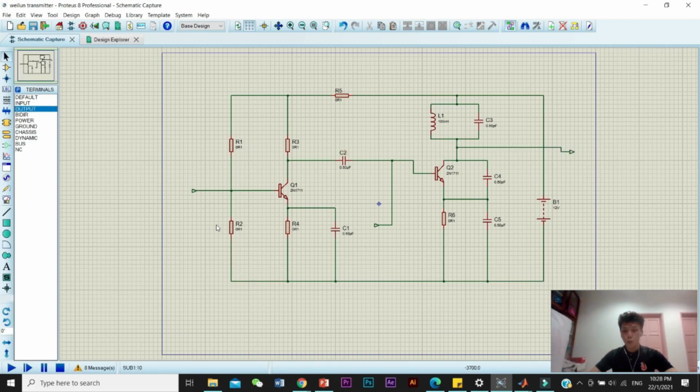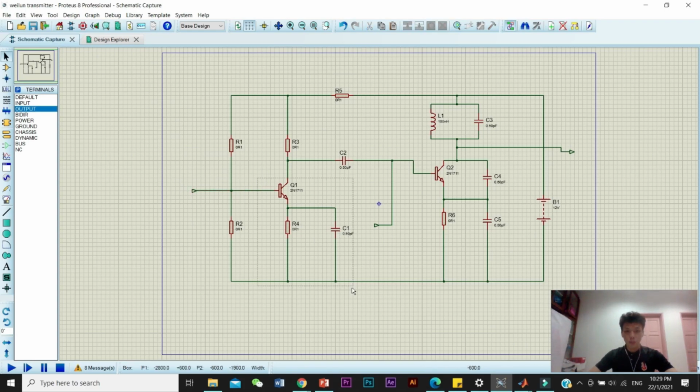This is the whole design of our transmitter of the AM modulator, and the whole design is a high level AM modulator. From the beginning, we can see this is the input, the input signal, which is the modulating signal.